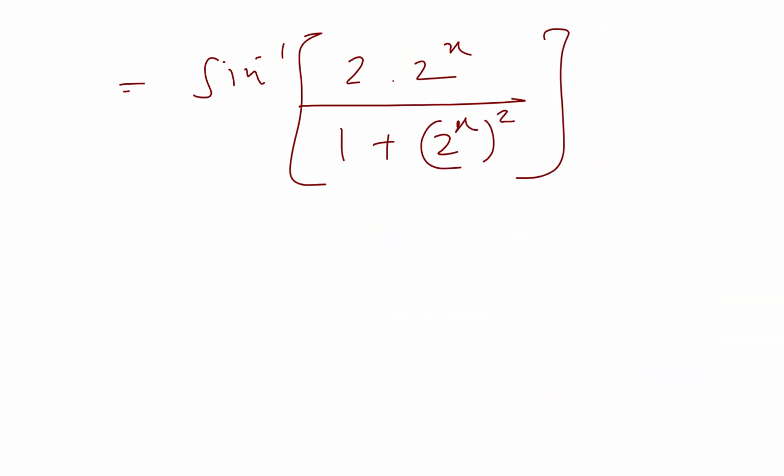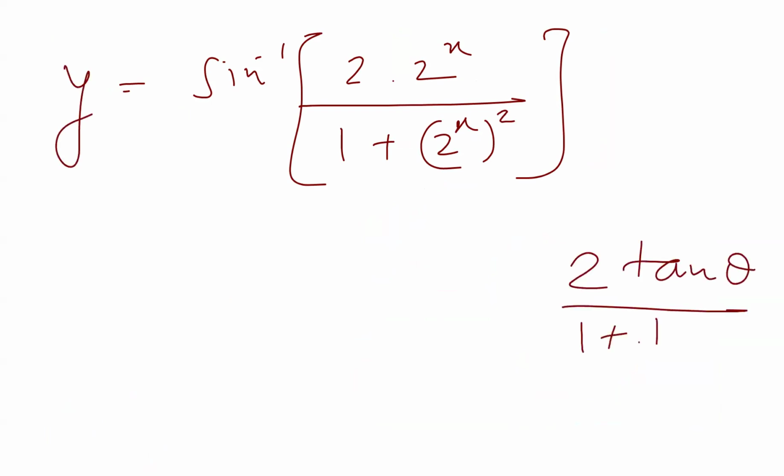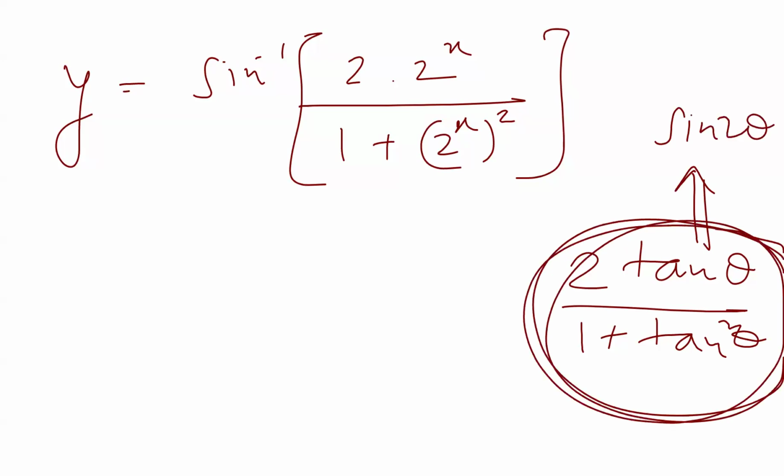Now understand the pattern over here. It is something like 2 tan theta upon 1 plus tan square theta. So this is sine 2 theta. But then look at the pattern. At the back of your mind, the entire formula list should be there, right?